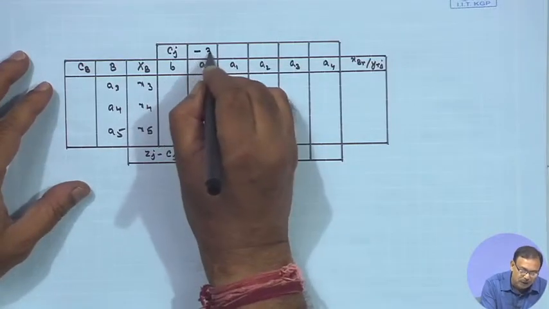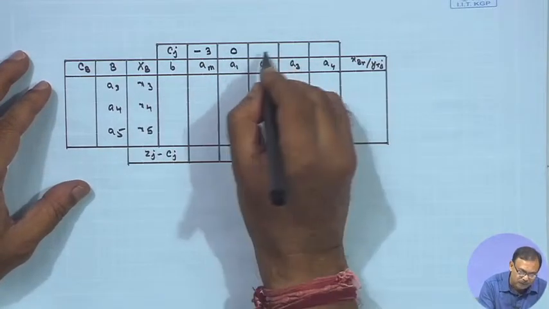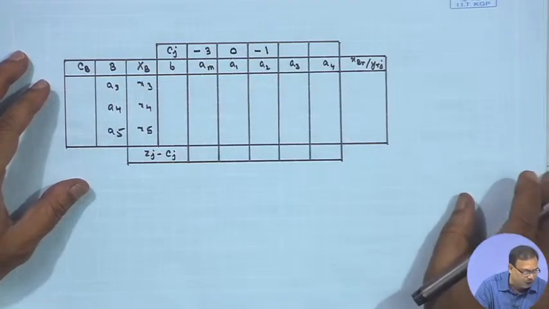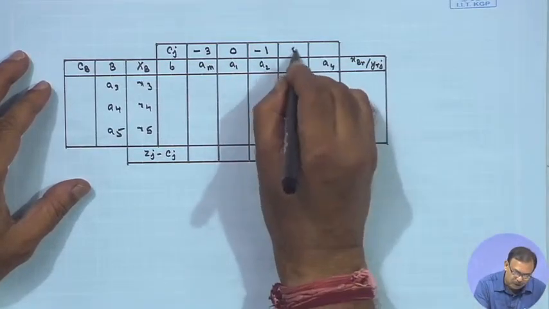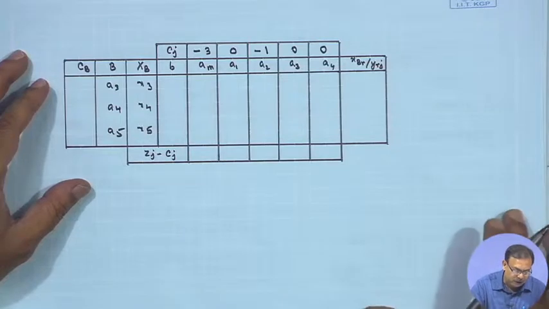So, minus 3, 0; for x2 it is minus 1; then for these two, which are not present, it is 0.